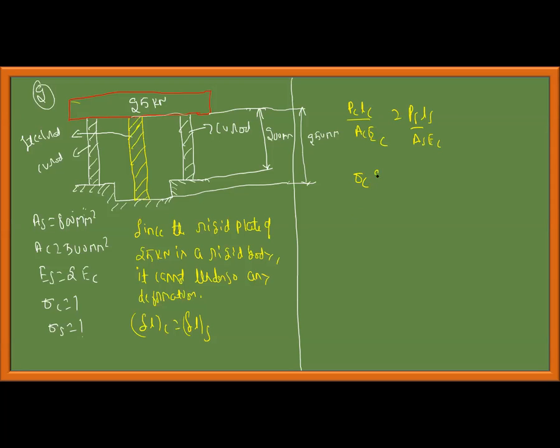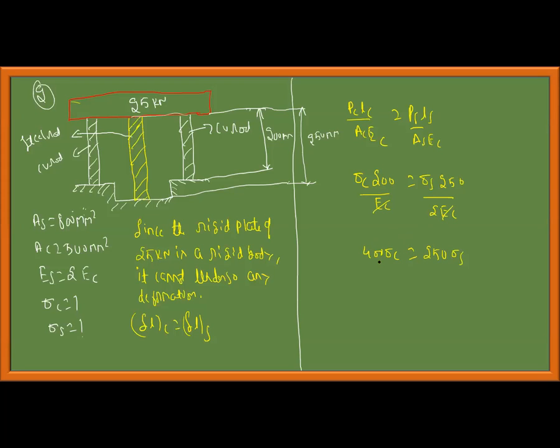Length of copper is 200, Young's modulus of copper, is equal to sigma steel, length of steel is 250. Young's modulus of steel is twice that of copper, right? It's 2 EC. Can cancel EC. I can write 400 sigma C is equal to 250 sigma S.